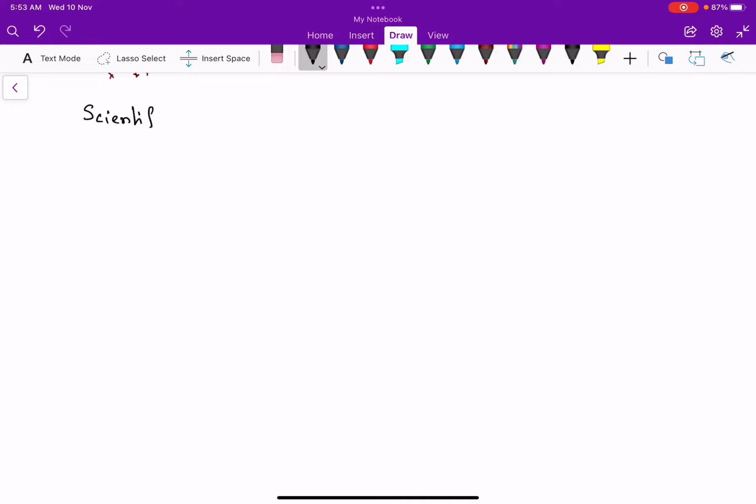We consider scientific notation to remove the ambiguity and confusion in determining the significant figures of a measurement. This is called power of 10 notation.